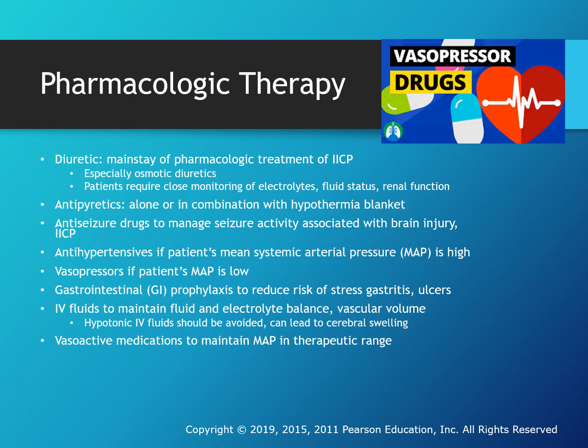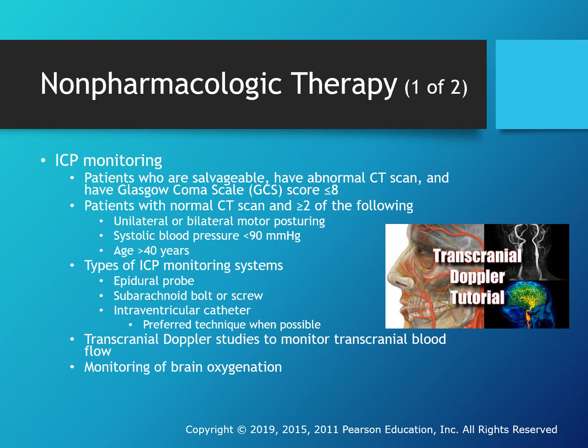Hypotonic IV fluids should be avoided because they can lead to cerebral swelling. If the patient's blood pressure is unstable, vasoactive medications may be administered to maintain the MAP in a range that supports cerebral perfusion while minimizing increases in ICP. When enteral feeding is not possible, TPN may be administered. That's given IV.